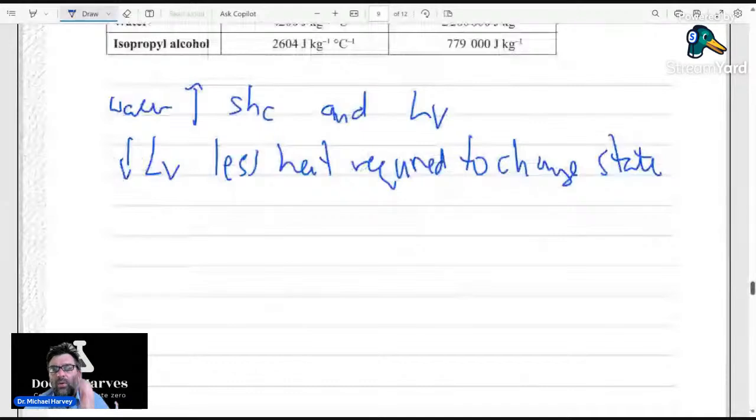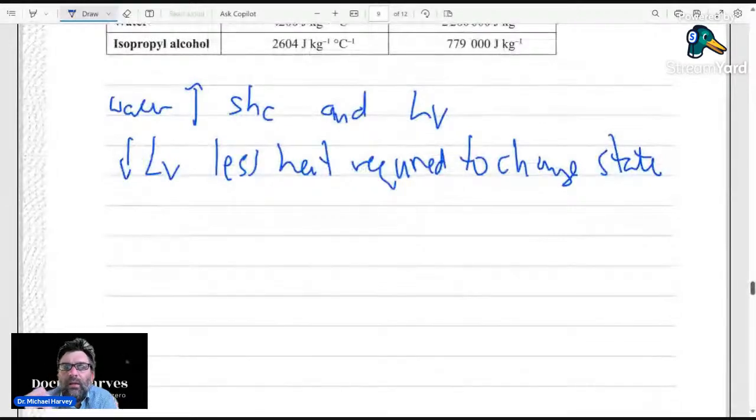Okay, so that means that because isopropyl alcohol has a lower latent heat of vaporization, it's going to require less heat energy from the hands to change from a liquid into a gas.